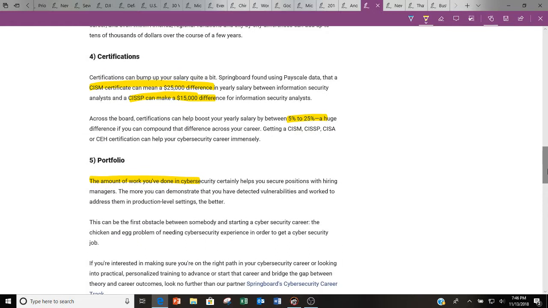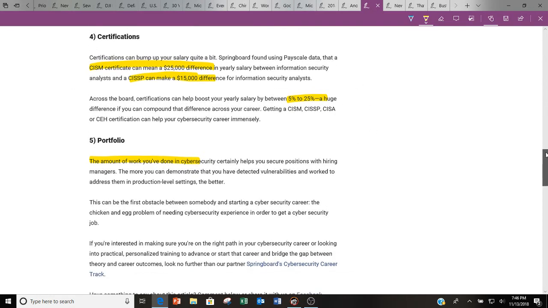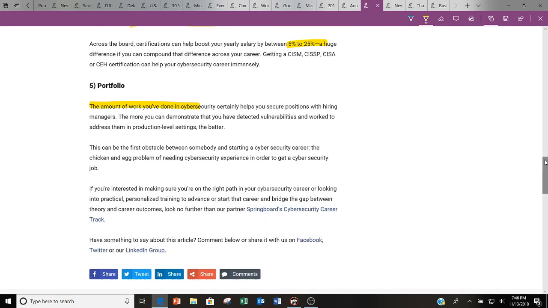Certifications do make a difference in this field. Certified Information Security Manager could mean up to a $25,000 difference. CISSP, Certified Information Systems Security Professional, $15,000 difference. Certified Information Systems Auditor. Any one of these can make a 5 to 25% difference in your salary and the work that you have done.